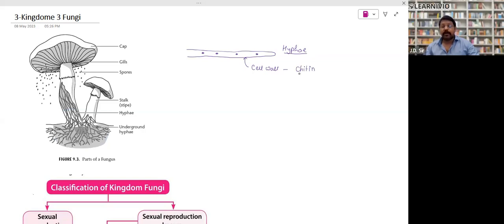Don't read it as chitin. It's chitin, right? What is the component of chitin? Chitin is basically a complex sugar. Cellulose is also a complex sugar. Complex sugar, you can call it complex polysaccharide.